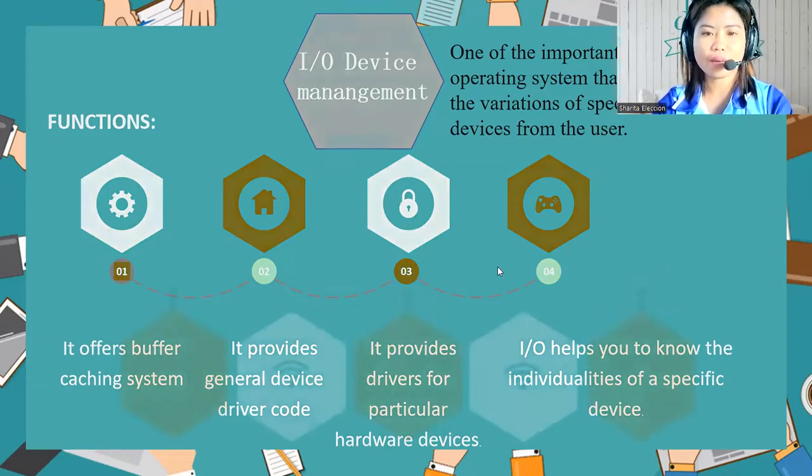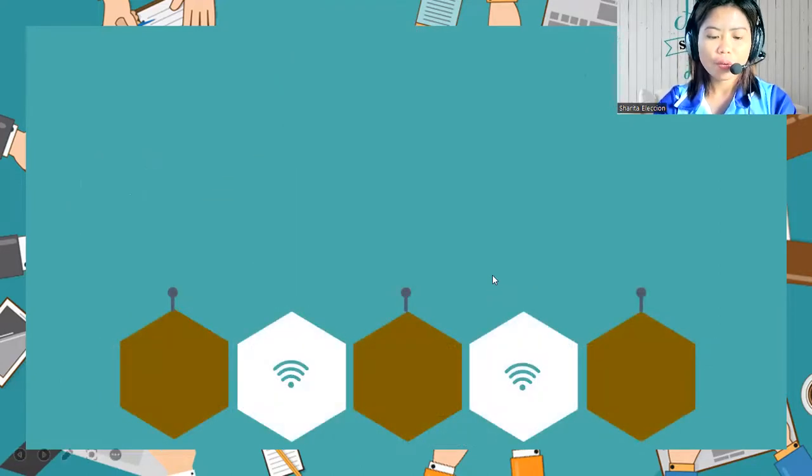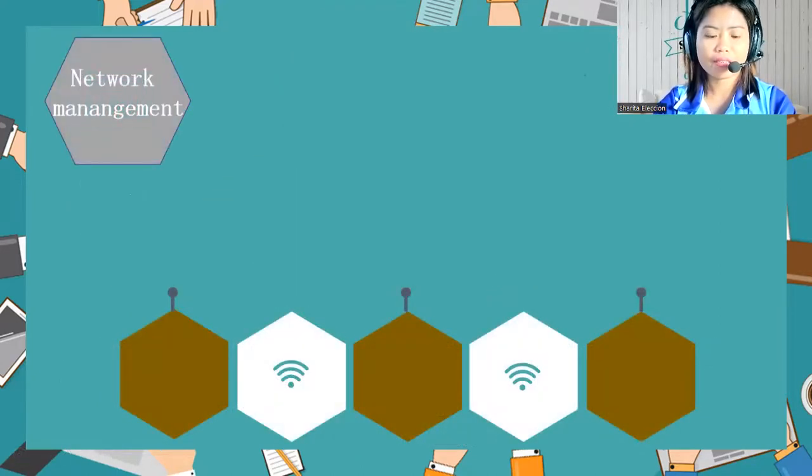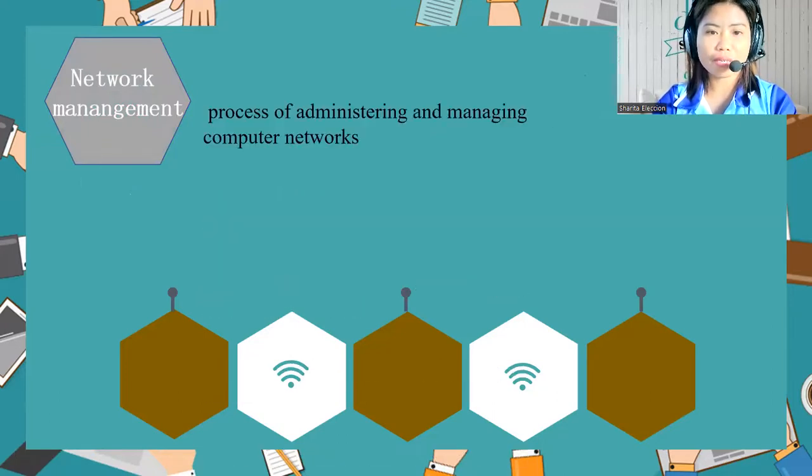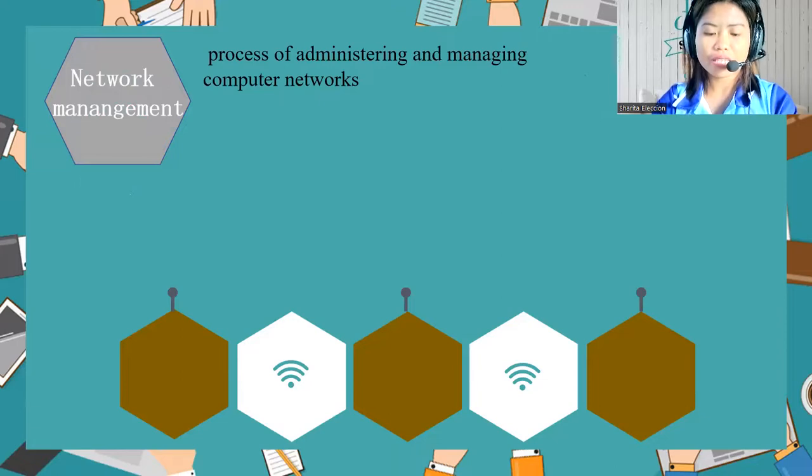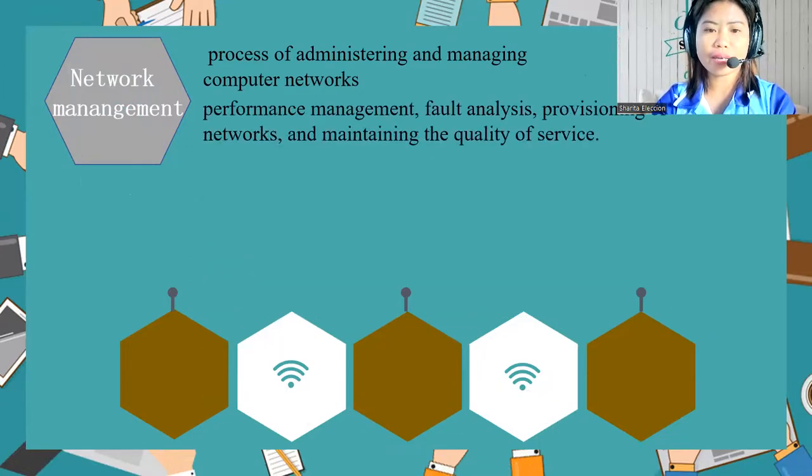Let's proceed to number 4. We have network management. Network management is the process of administering and managing computer networks. So your computer is connected with the network, your connections. Your internet connection is one of the computer networks. It includes performance management, fault analysis, provisioning of networks, and maintaining the quality of the service.